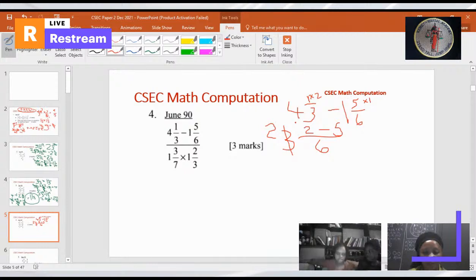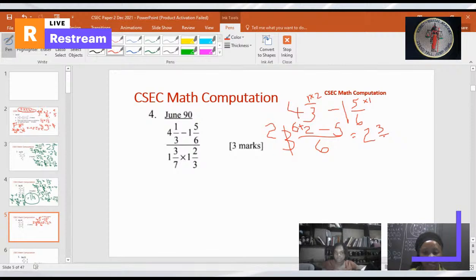So 6 over 6 is one whole. We carry it as 6 over 6. Add this 6 to the 2, and you get 8. 8 minus 5 is 3. So it will be 2 and 3 over 6.